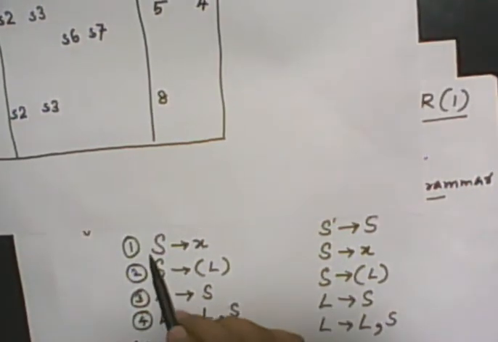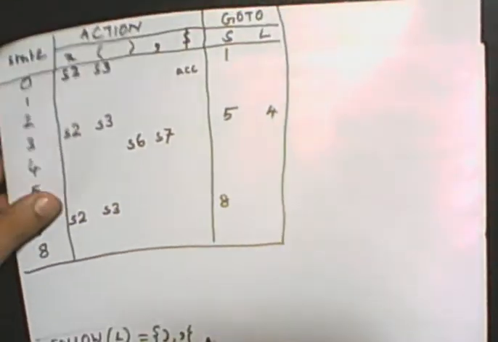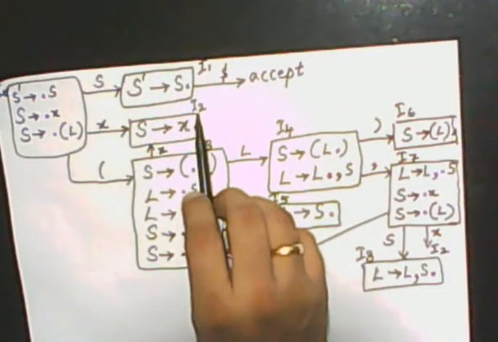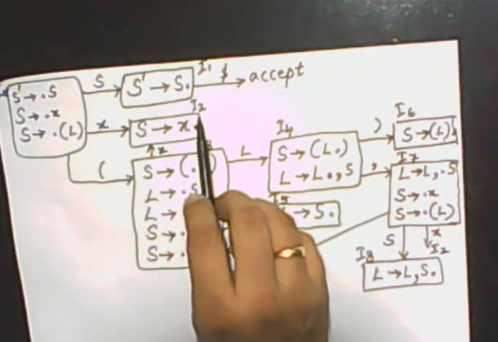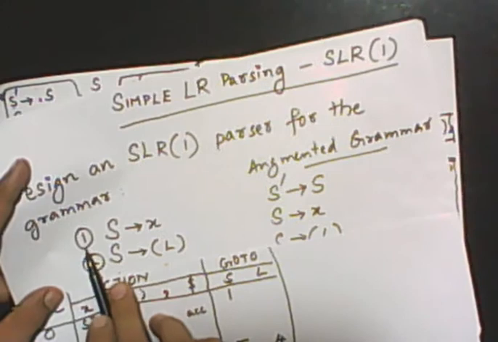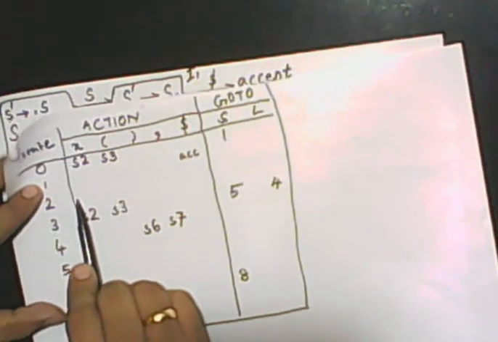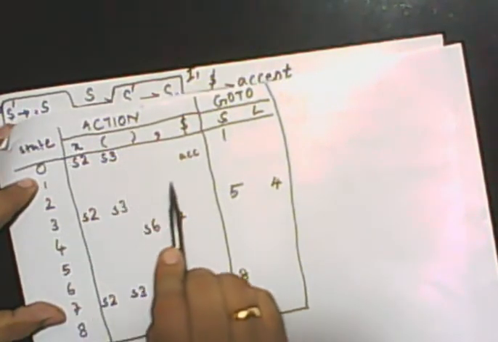R1 has to be put only on follow of S. It's not like R1 will be put on the whole row of this particular state, which is I2. As per LR0 parser, you were putting R1 on the whole row of I2.